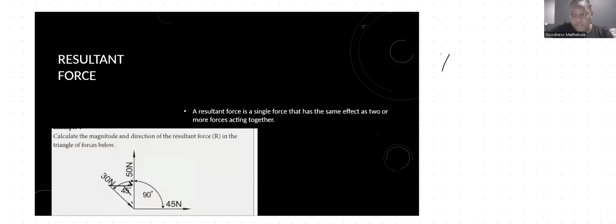So when we calculate the component of X, we have 30 Newton multiplied by cos of 45, which will give us 66.2.